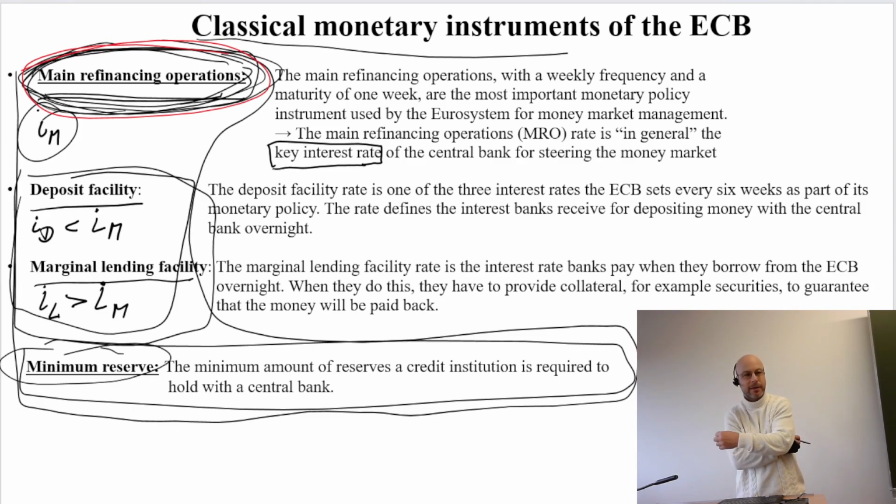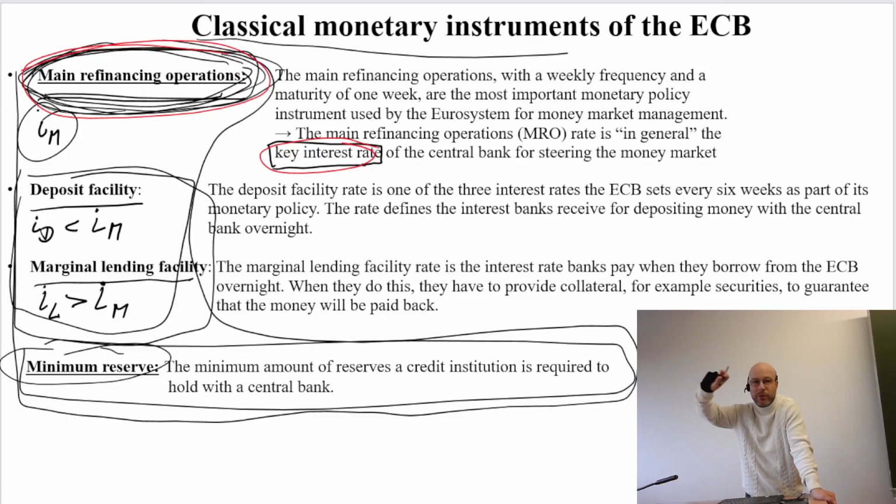This is the operation where the central bank gives central bank money to the private banks, and these banks obtain this central bank money via main refinancing operations, and the price of this money is the so-called key interest rate.